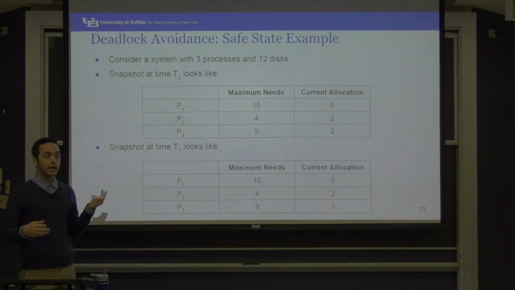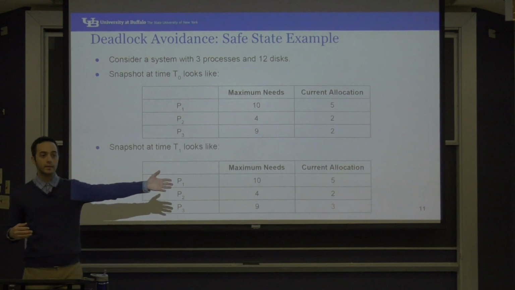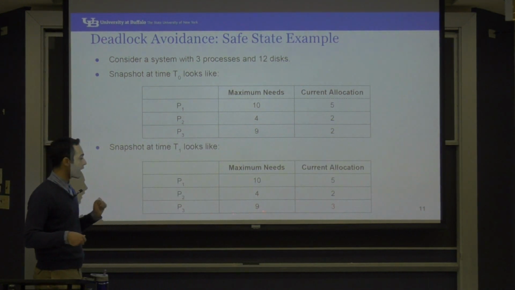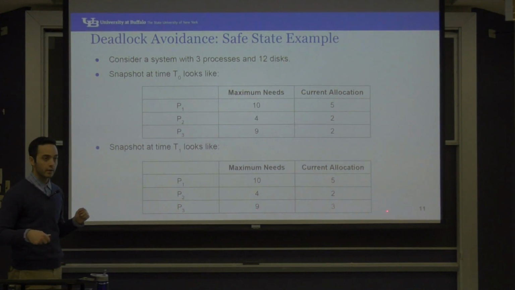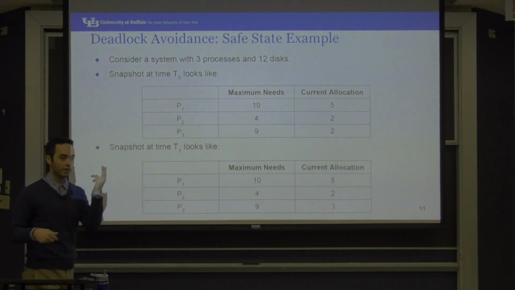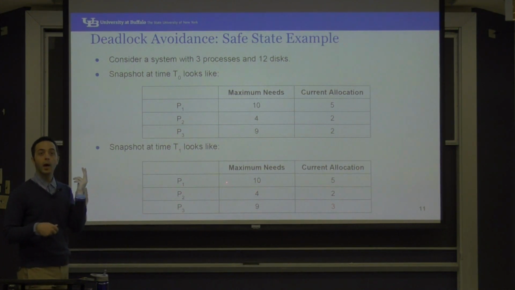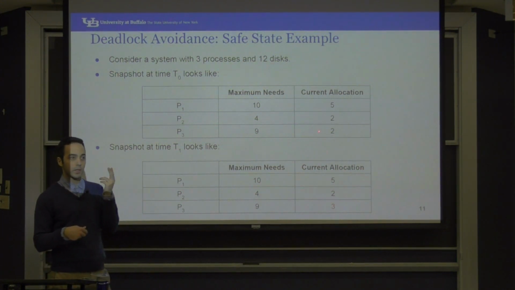No, because again, you have to look all the way ahead and see a possible deadlock. If we grant 1 more disk to P3, then we'll have 2 available. These 2 can be used up by P2. But when P2 finishes, it will release only 2, right? That will give us a total of 4 available resources.